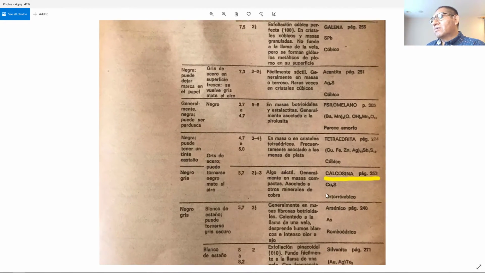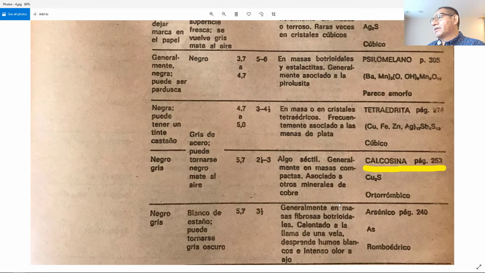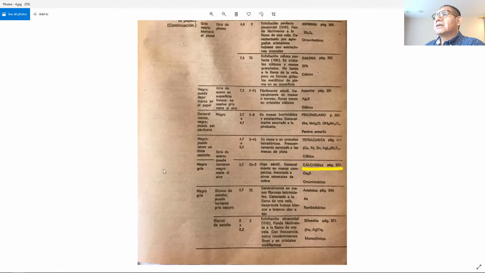The biggest one in the porphyry copper deposit is chalcocite, right? In Spanish they call it calcocina, but they can also pronounce it chalcosite. What is the streak?